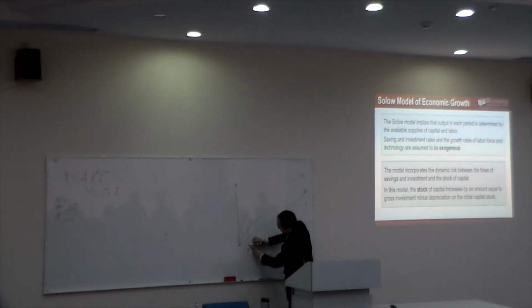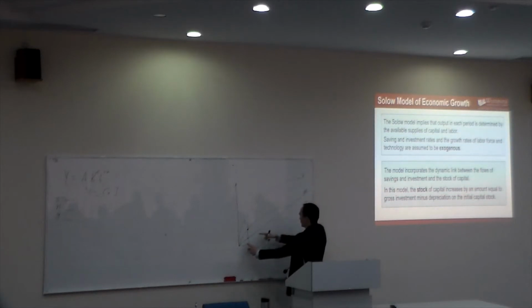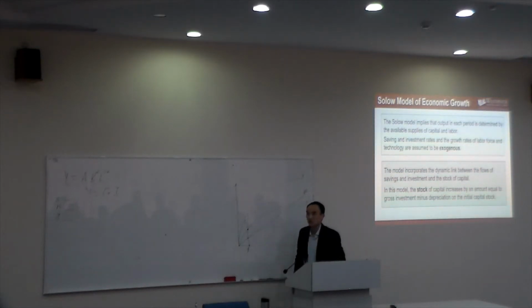The distance between the horizontal line and this one represents investment, and the remaining represents consumption, which is this much. This vertical line gives us the depreciation rate of capital. And what about our next period, capital at t plus 1, how is it going to change?